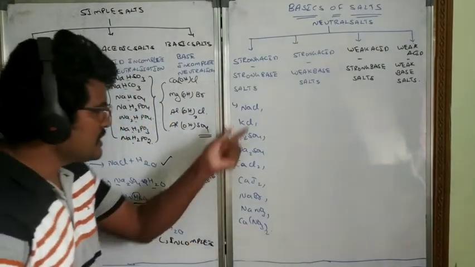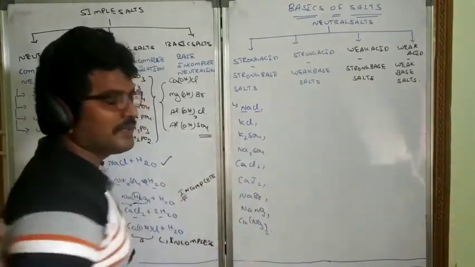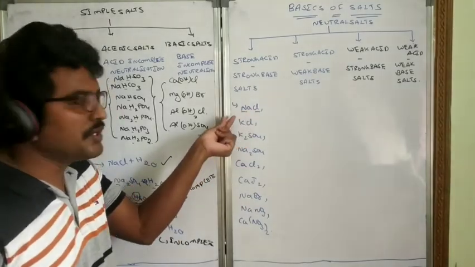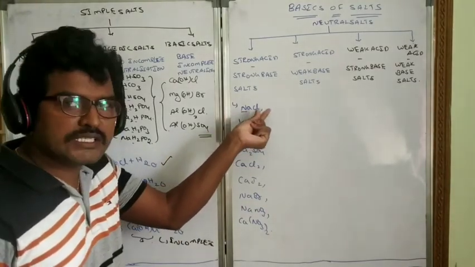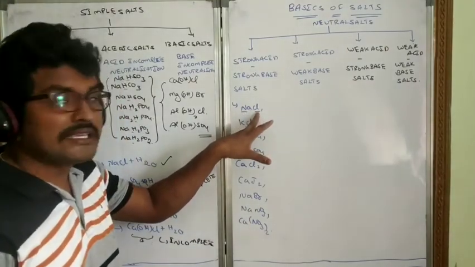If you observe all these salts, a salt is formed by the cation from the base and the anion from the acid. Here sodium is coming from the sodium hydroxide, chlorine is coming from the HCl. So that's why this is a strong base and strong acid.